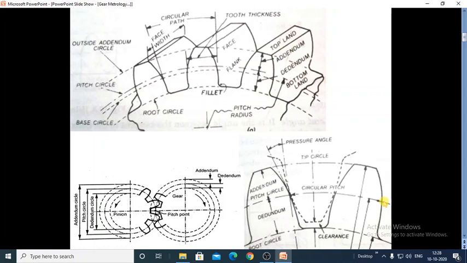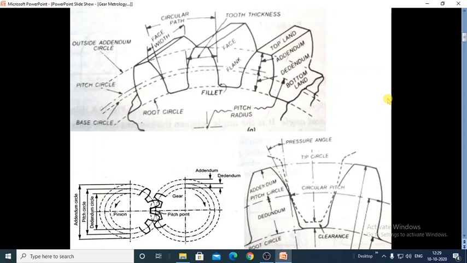In other words, module is the ratio of pitch circle diameter to number of teeth, that is m equals d by t, which is the formula of module. And diametral pitch is the reciprocal of the module, that means it is the number of teeth per unit length of the pitch circle diameter. Module and diametral pitch are vice versa.